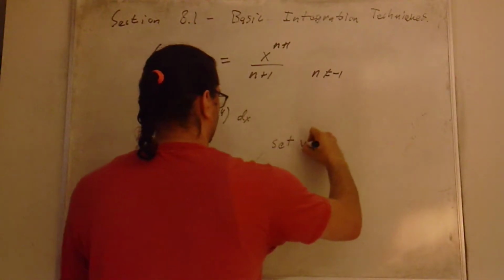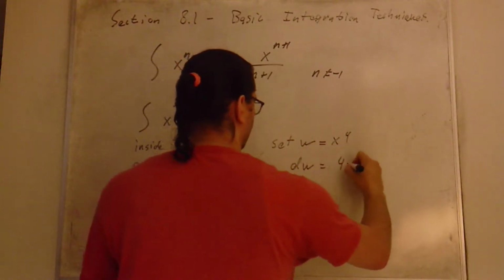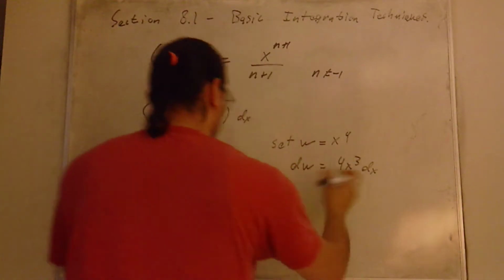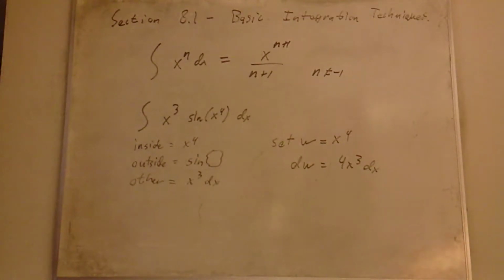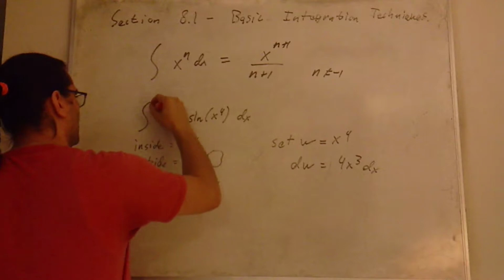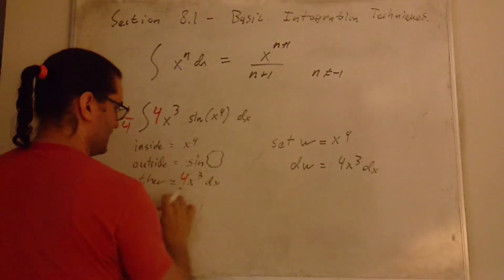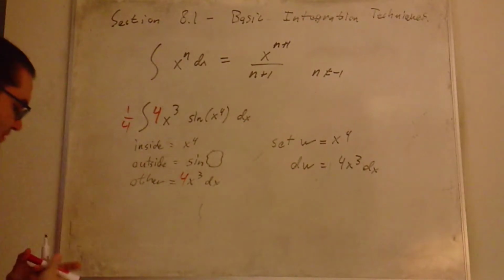So we set w equal to x to the 4th. We find the derivative of that. It's 4x cubed dx. These things almost match. We can make them match if we put a 4 in here and a 1/4 on the outside to balance. Now they match perfectly.